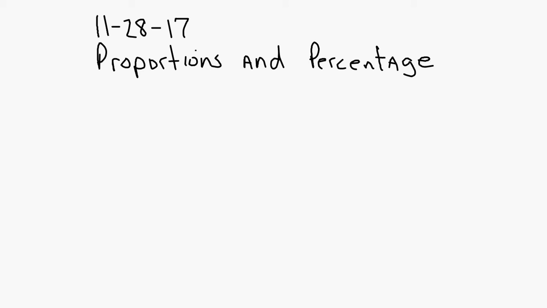Again, the first three problems in today's assignment are going to be for you to solve a proportion where you crisscross multiply. So let's cover something like (x + 2)/8 = 12/6.